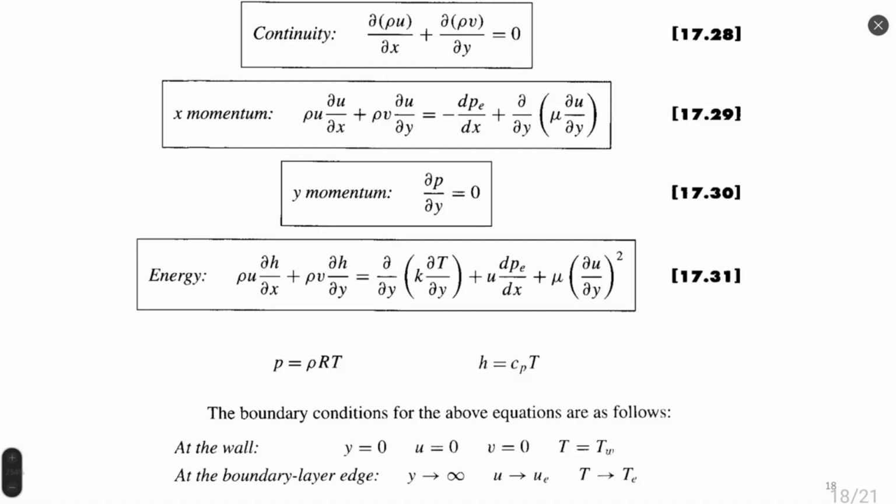But in momentum equation, we can significantly simplify y momentum, or momentum on y-axis, which tells us that to correspond to boundary layer equation, the momentum equation on y direction would be simply derivative of pressure by y direction would be equal to 0.